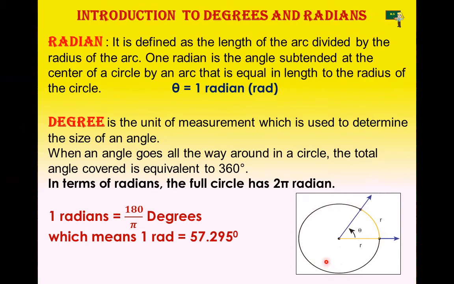In terms of radians, the full circle has 2 pi radians, so half the circle has pi radians. So 1 radian is equal to 180 degrees divided by pi, which means 1 radian is equal to 57.295 degrees.